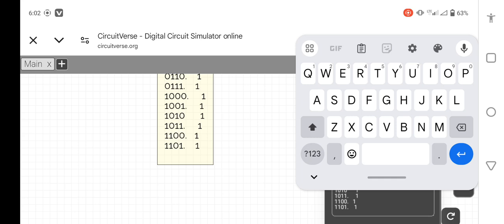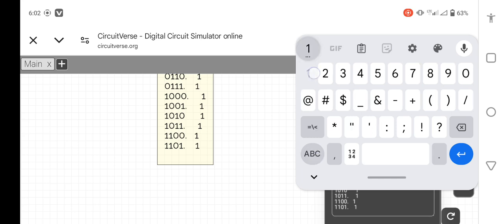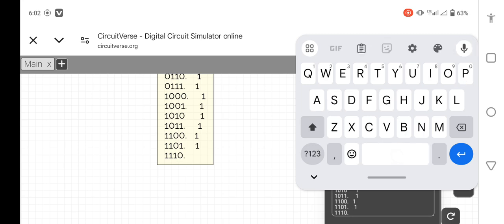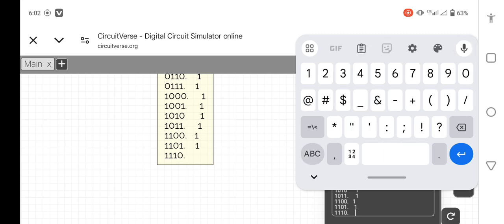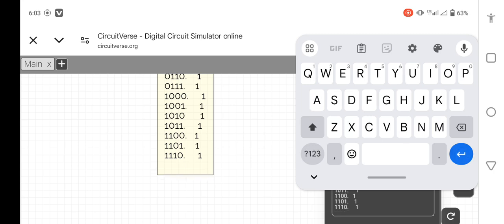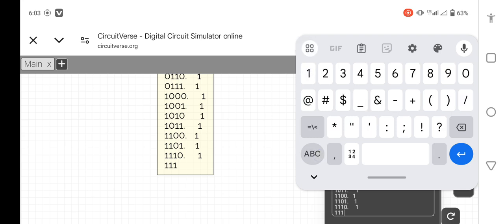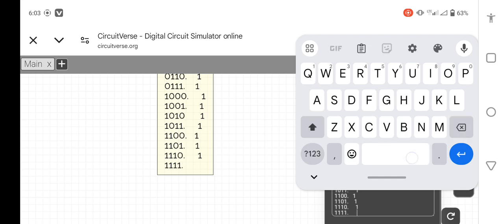For the 15th input we have 1110. So the output is also 1. For the 16th, the last, we have 1111. The output is also 1.